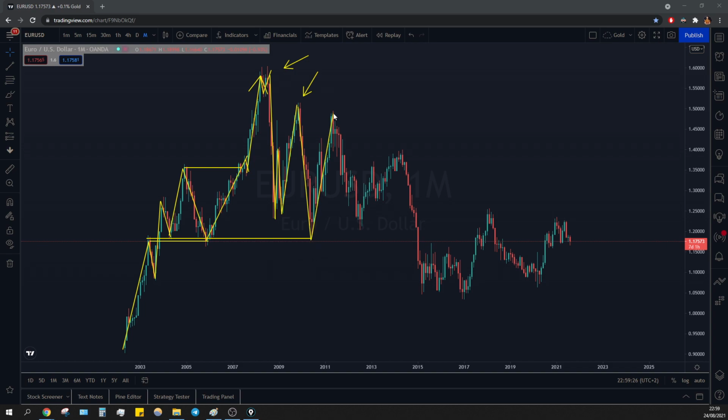We bounce back up, create a new lower high, back down. We fail to make a new low. We create a lower high, and then we broke below this previous low of 1.1819 ish.